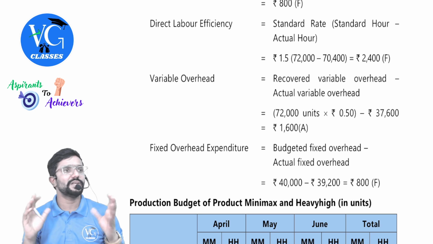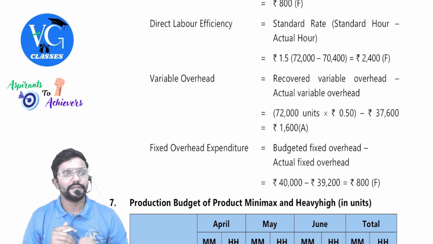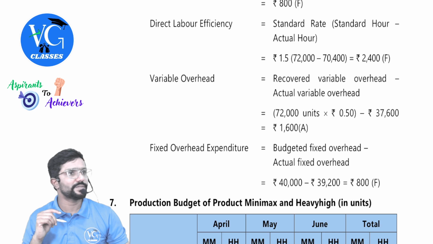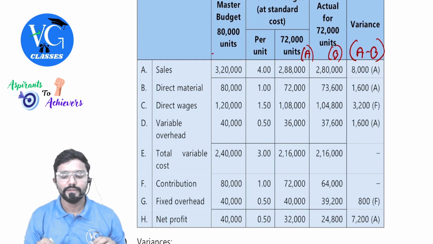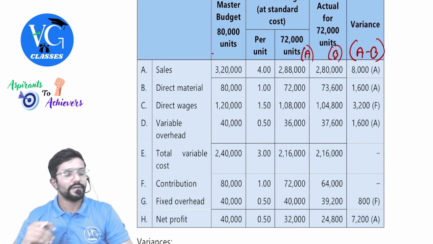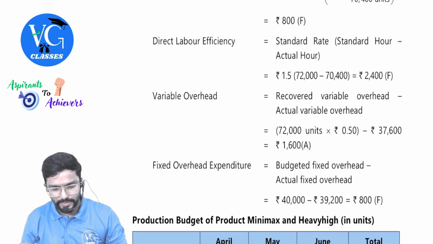Then coming to overhead, only one calculation. Variable overhead: recovered minus actual. Recovered is how much? 0.5 rupees for each and every unit produced. Yes, sir. How many units have we produced? 72,000 units. So it is 36,000.